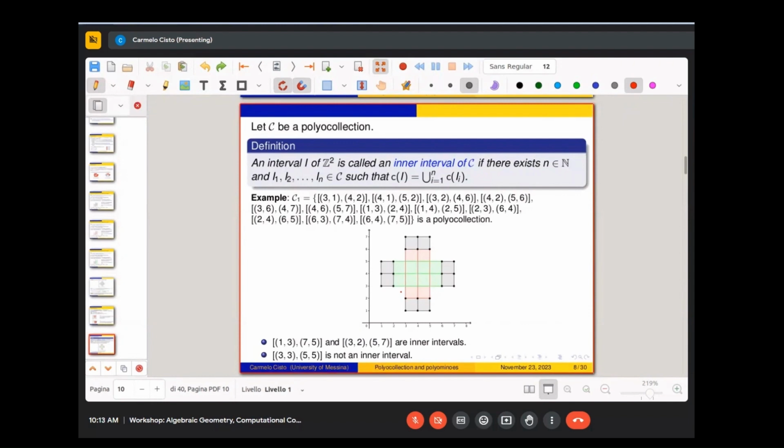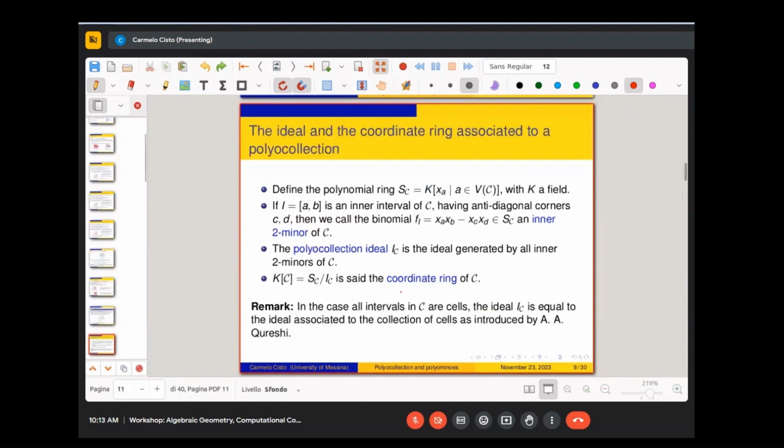As for collections of cells, we can associate a coordinate ring. That is, we consider the polynomial ring such that the variables are indexed by all the vertices of the collection. For every inner interval, we associate this binomial obtained by the product of the variables associated to diagonal corners minus the product of the variables associated to anti-diagonal corners.